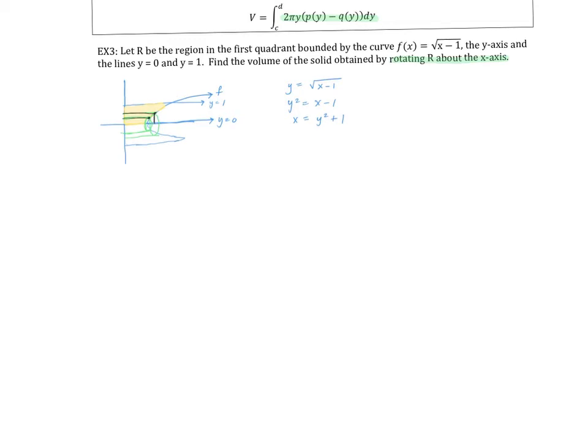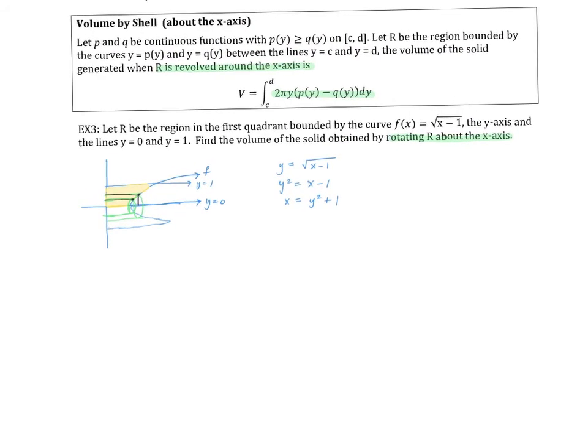We'll just be replacing, going back to our volume formula, instead of looking at 2 pi x, we have 2 pi, our y value. And then this would be the height of our shells.